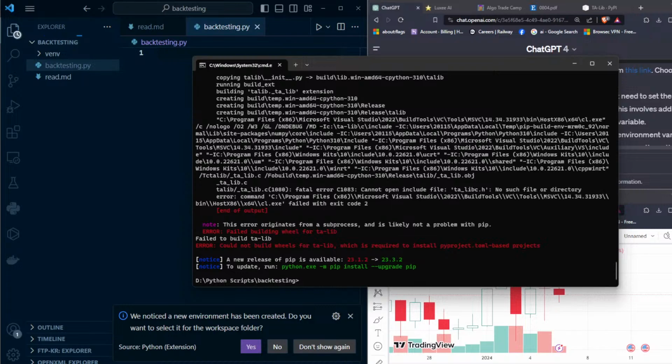So we need to install the C part because TA-Lib consists of two parts, the C part and the Python part. We cannot run the Python part without the C part. So let me figure out how to install the C part first. Just give me a few minutes.